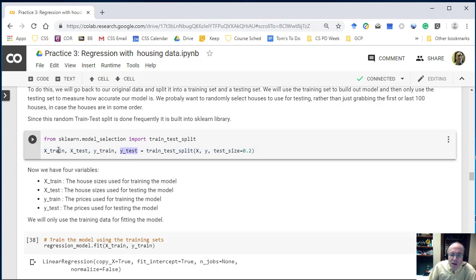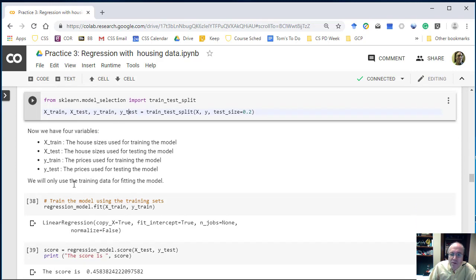So if there are 1,000 houses here, this will be 800 house square footages, this will be 800 prices, and for testing, 200 and 200, the square foot and the price of those houses. So we have those variables all set up.